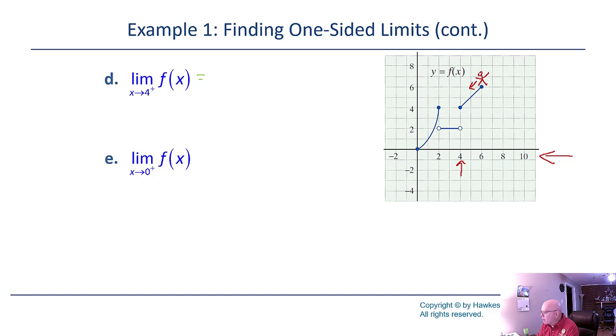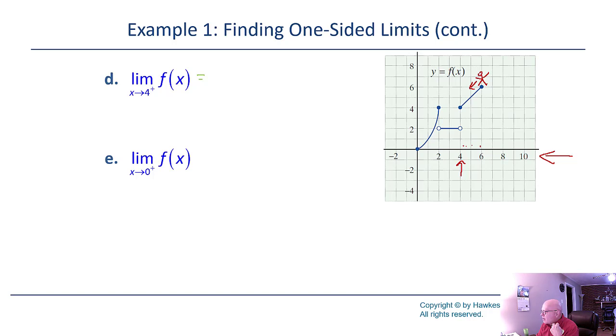So I'm coming from the 6 and getting closer and closer to 4. What happens? Well, up here, the y value is 6. This is about 5.7, 5.5, 5.2. Oops, 5. And I still haven't gotten close enough to 4. I can get closer.